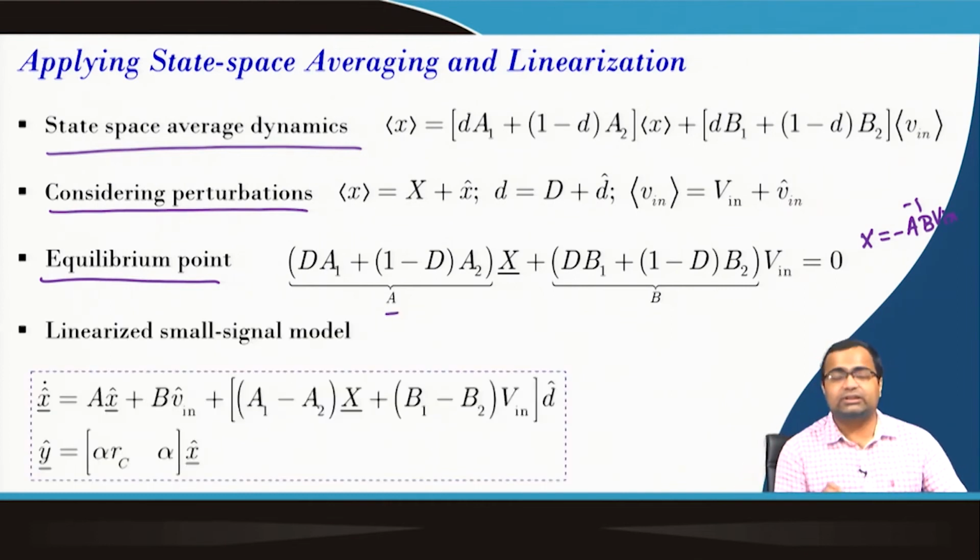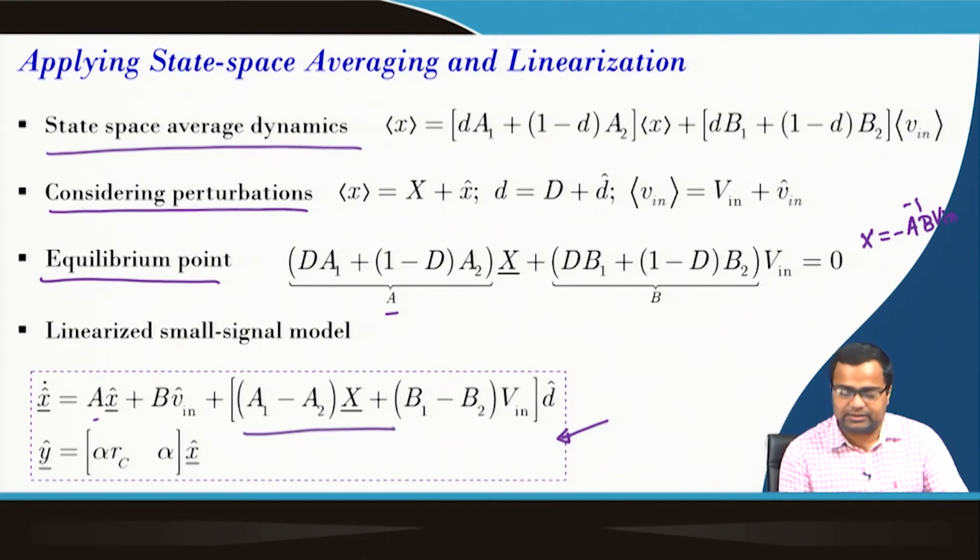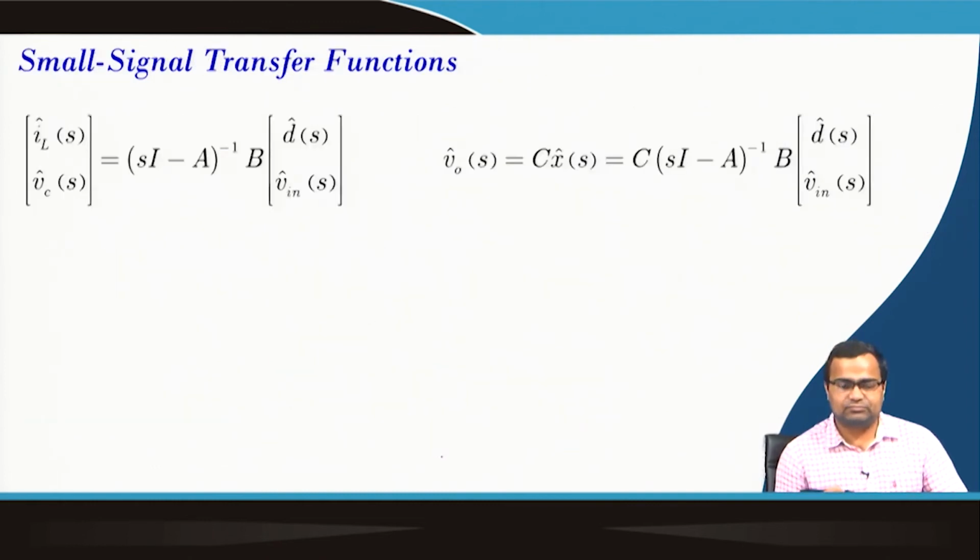Then we can find the linear small signal model, and this we have shown can be very easily obtained by Taylor series. A matrix we have already shown, B matrix also we have shown. We talk about this as B12 and this whole thing as B11, that we have already derived earlier.